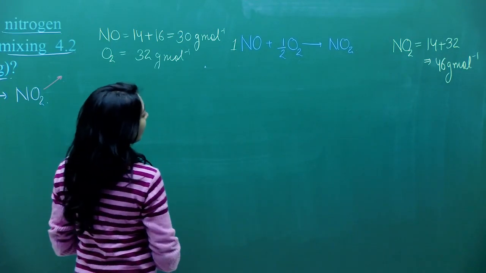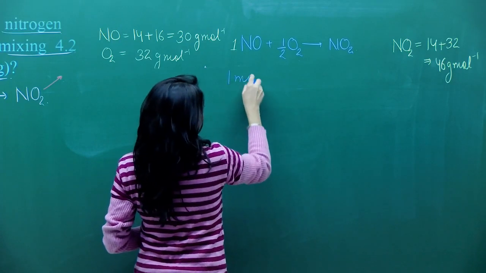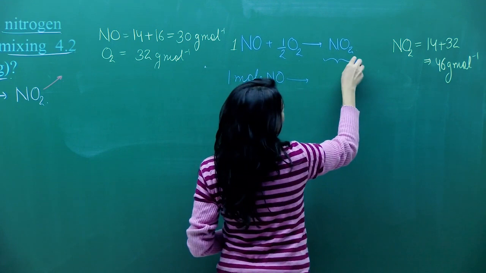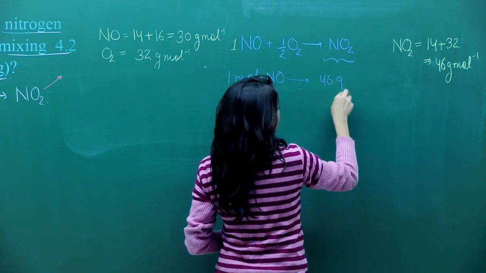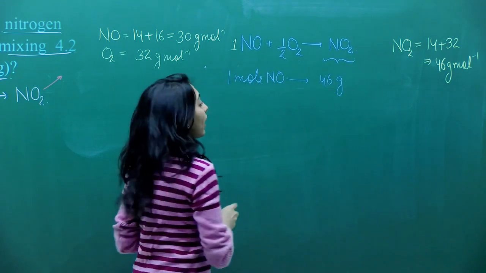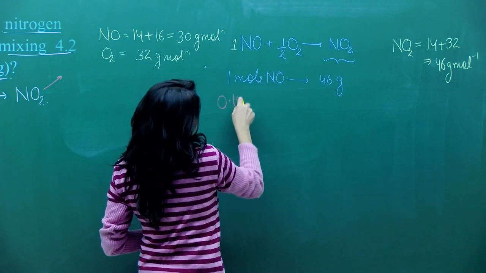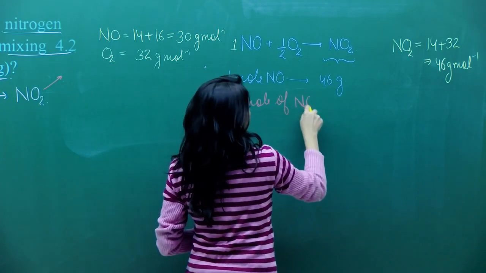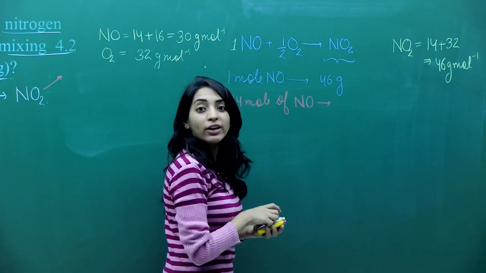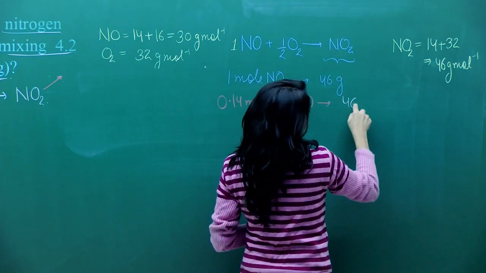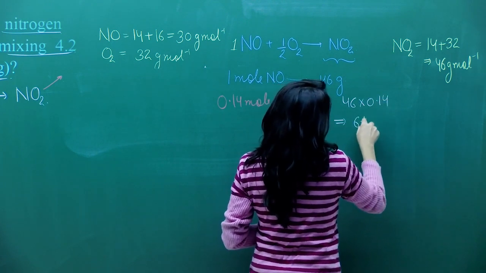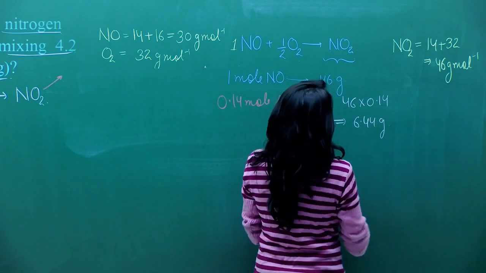Can I simply say 1 mole NO will give NO2 how much? 46 grams, right? But I have only 0.14 moles of NO. So how much NO2 will be prepared? 46 into 0.14, and this will come out to be something 6.44 grams.